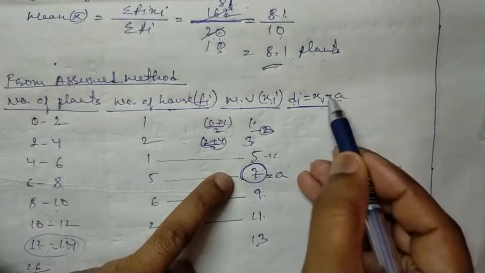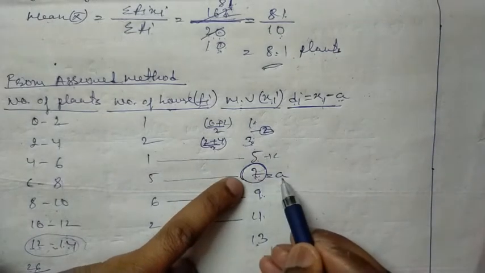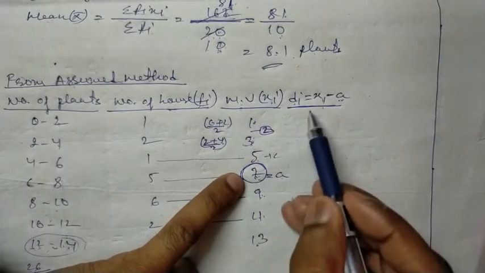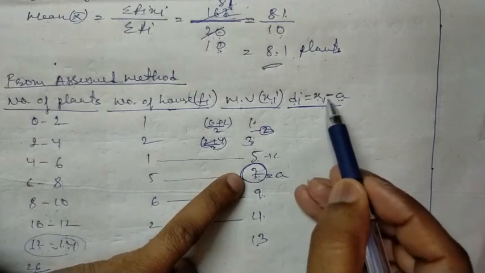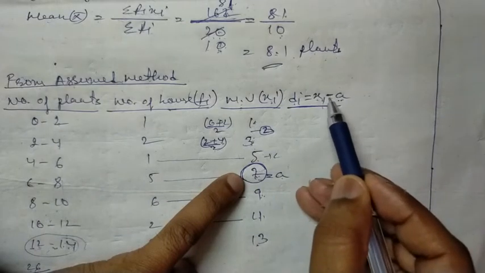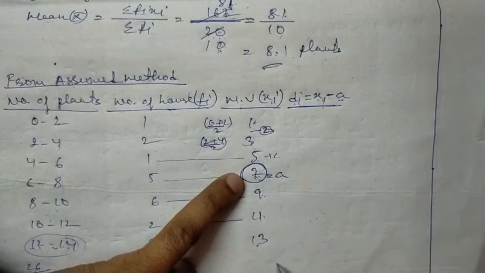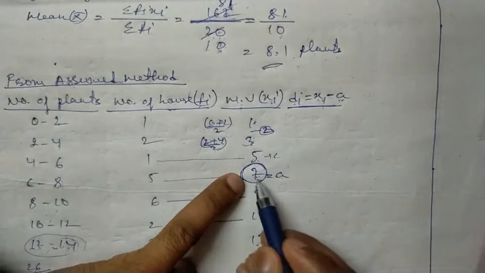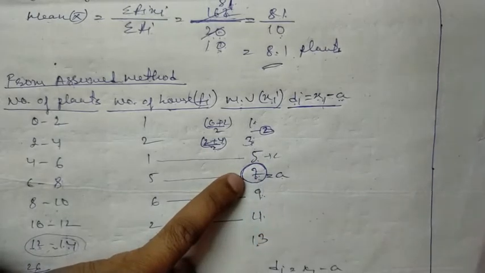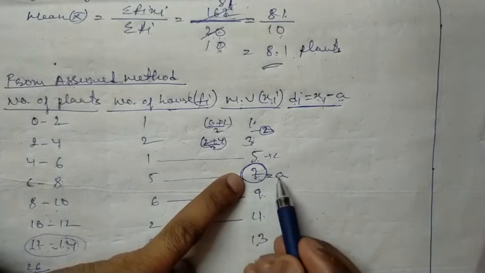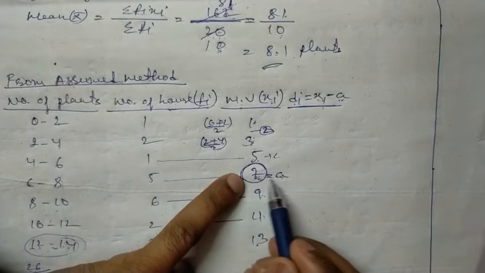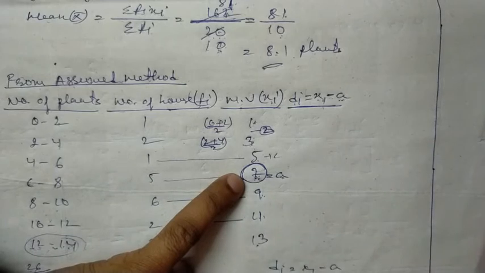And minus a, the assumed mean. So di is equal to xi minus a. Here xi is 7, and the assumed mean we have taken is 7. So 7 minus 7, what will you get here? 0. So you have to write 0 here.